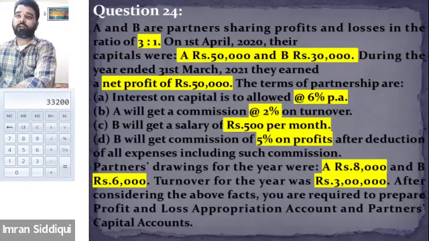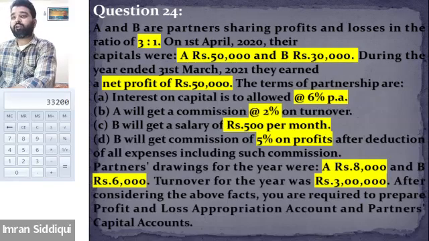See, in point D, what does the question say? The question says that B is entitled to claim a commission of 5% on profit. If the question simply says that we need to give 5% commission on profit, then it is okay. We will simply multiply 5% with the amount of profit. That's it. But this time the question is saying that the commission will be paid on such profit which will be calculated after subtracting all kinds of expenses, and also such commission.